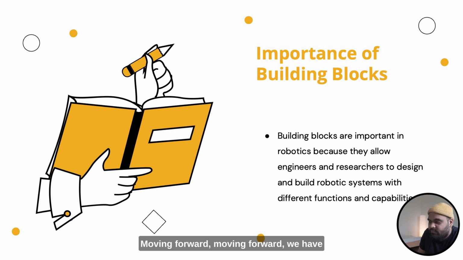Moving forward, we have the importance of building blocks. Building blocks are important in robotics because they allow engineers and researchers to design and build robotic systems with different functions and capabilities. When you have different functions and capabilities, all of these need to be added into the system. That also means a robot will have a lot more mechanical and electronic components, and controlling all of those requires a lot of software components as well.